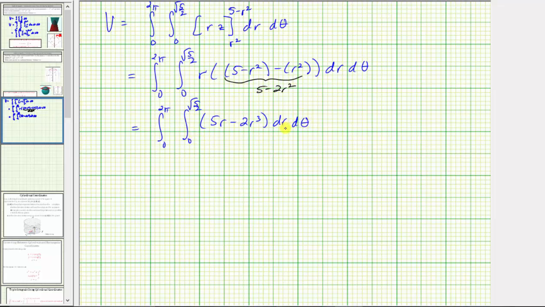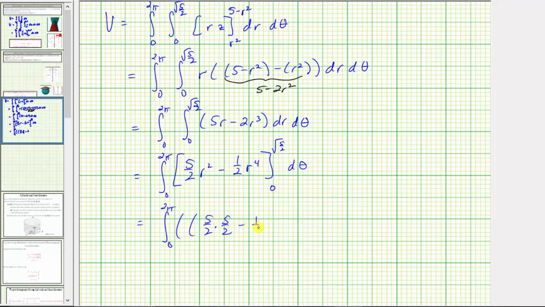And now we integrate with respect to r. The antiderivative is 5 times r squared divided by 2, or 5 halves r squared, minus 2 times r to the fourth divided by 4, which simplifies to 1/2 r to the fourth. And now we find big F of b minus big F of a. The square of the square root of 5 halves is 5 halves. So here we have 5 halves times 5 halves minus 1/2.